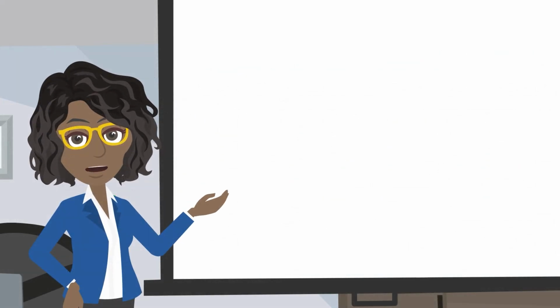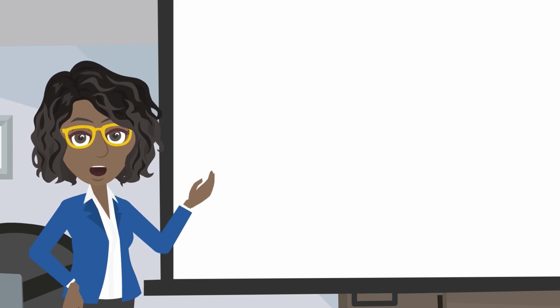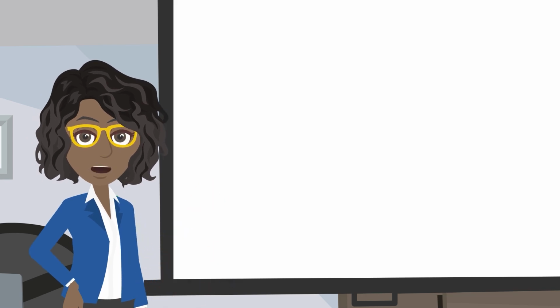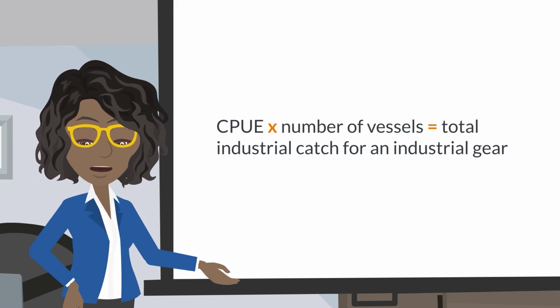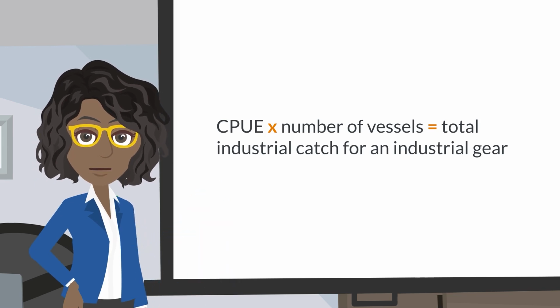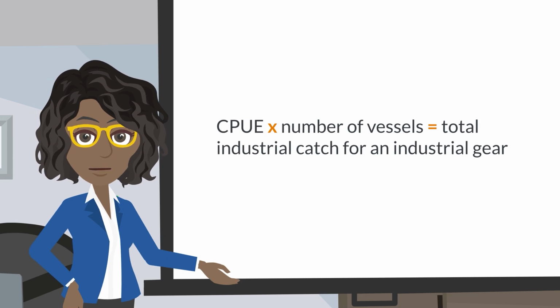If in the literature I find information on catch per unit effort, CPUE, of an industrial gear deployed in the EEZ of my country, I can multiply this metric by the number of actively operating industrial vessels deploying this gear in the EEZ. This will give me the total catch.